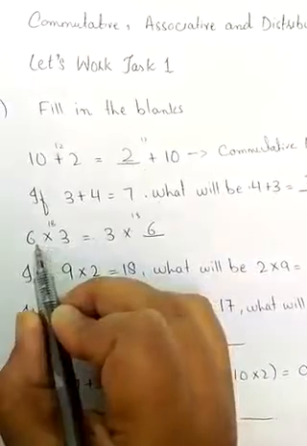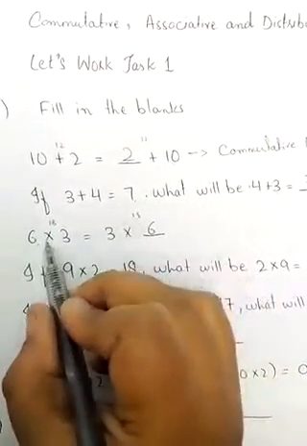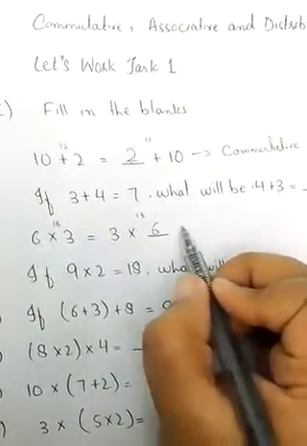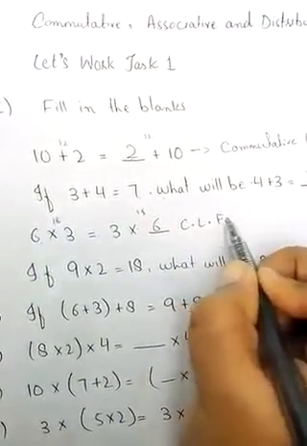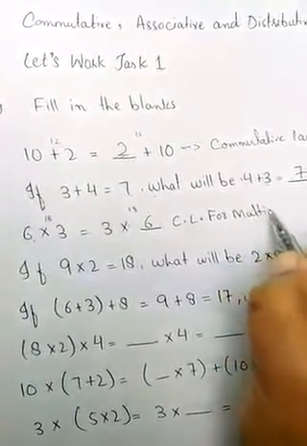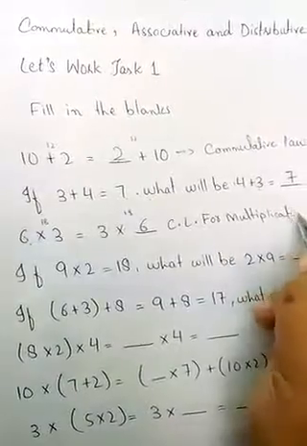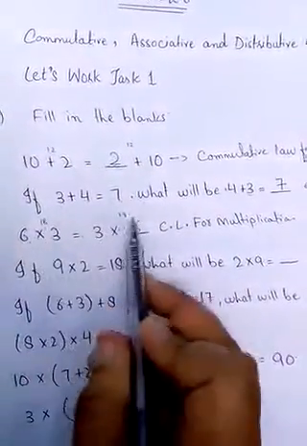So here we can see that we just change the place of the number and get the same answer. So this is commutative law for multiplication.